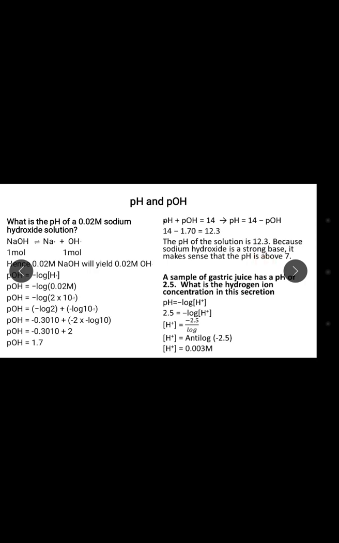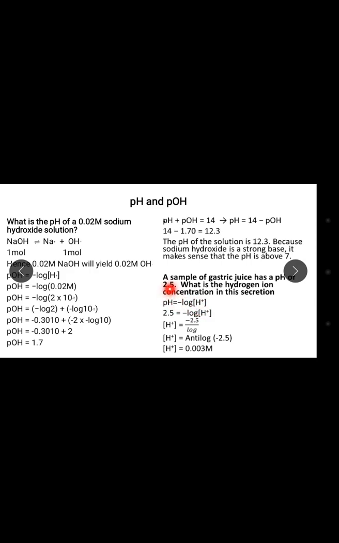Now let's look at the last example. A sample of gastric juice has a pH of 2.5. What is the hydrogen ion concentration in this solution? Now all this while we've been calculating pH and pOH, but this question is asking us to calculate the hydrogen ion concentration.